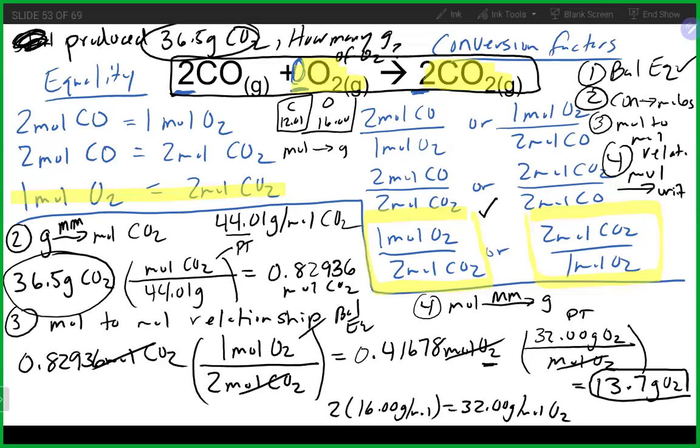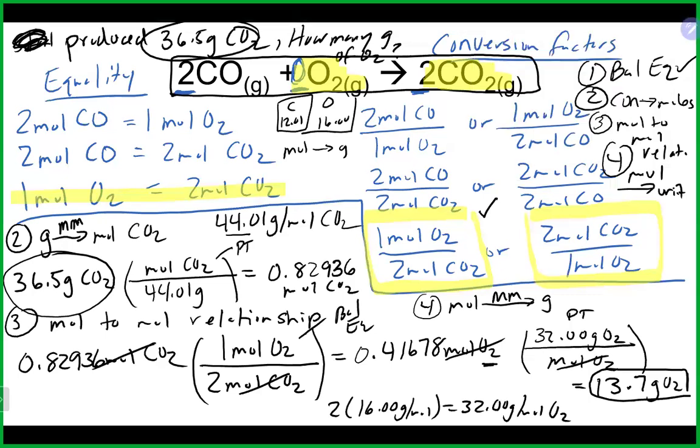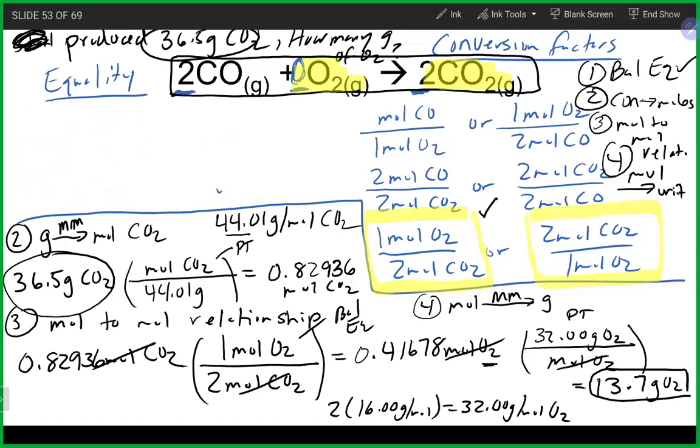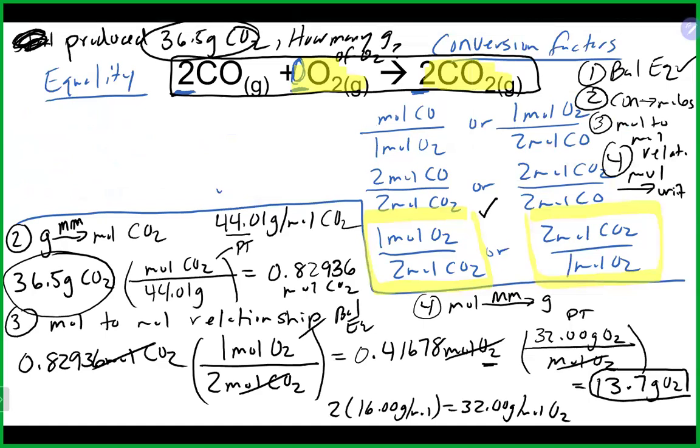A very common mistake that people make is this. Remember that when you are asked to calculate the molar mass, for example, we got an equation like this, right? Now, when you're asked to calculate the molar mass of CO2 like we did, it is based off of only the formula.